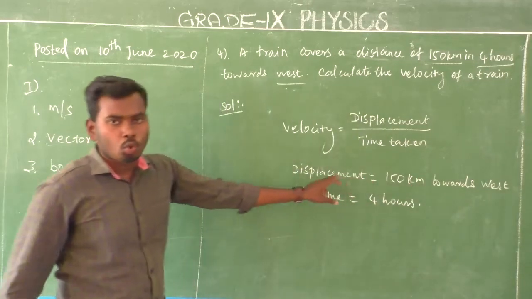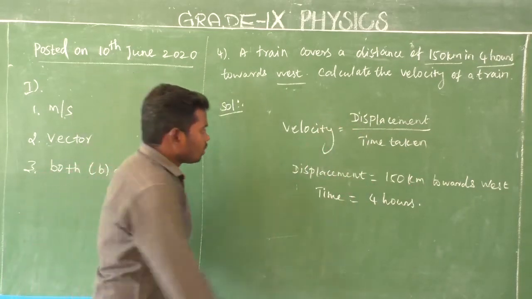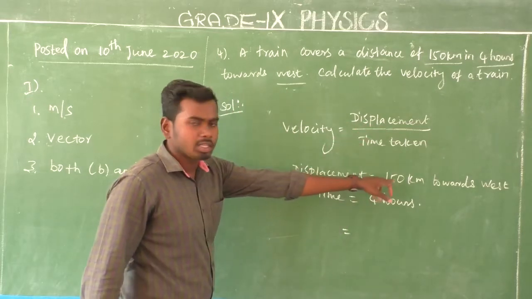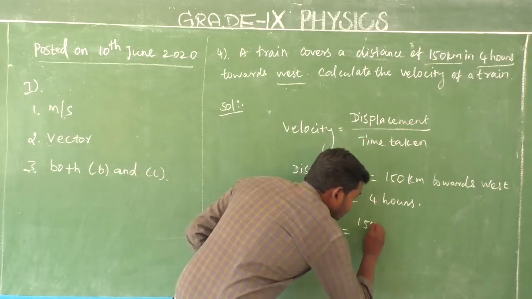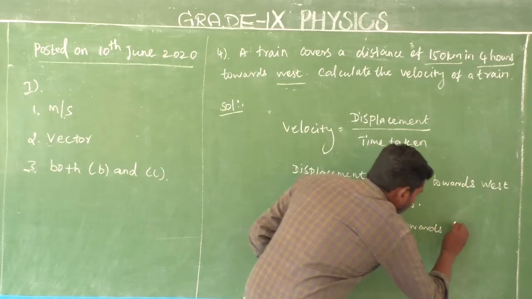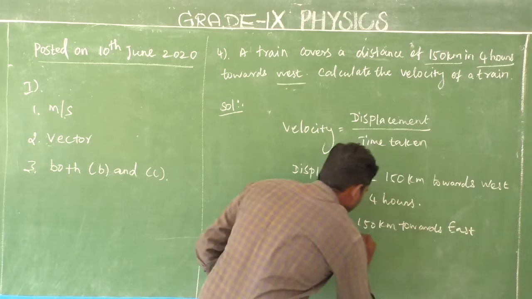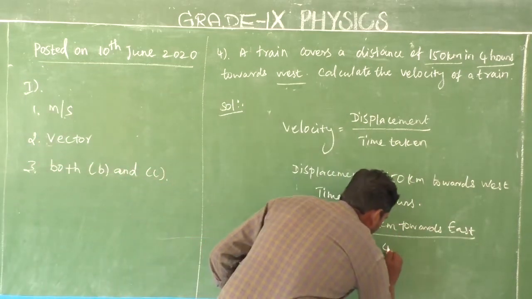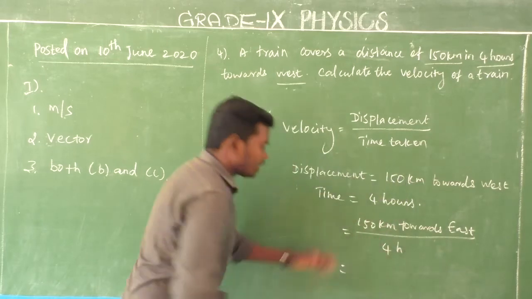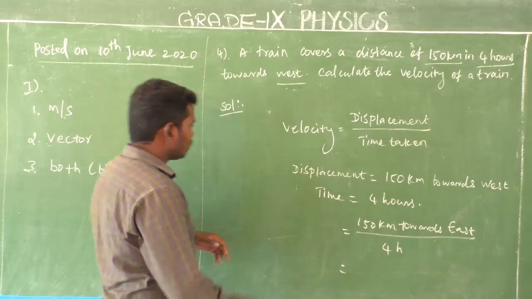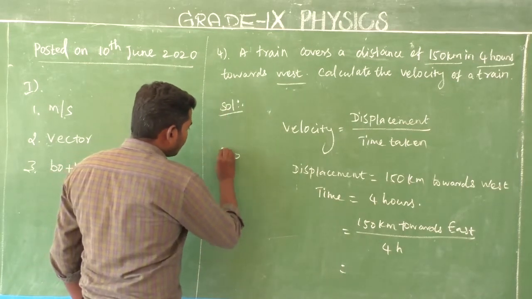Then substitute both quantities in the velocity formula. Velocity is equal to displacement divided by time taken. Displacement is 150 kilometers towards west direction, divided by the time, 4 hours. Further, divide 150 by 4.